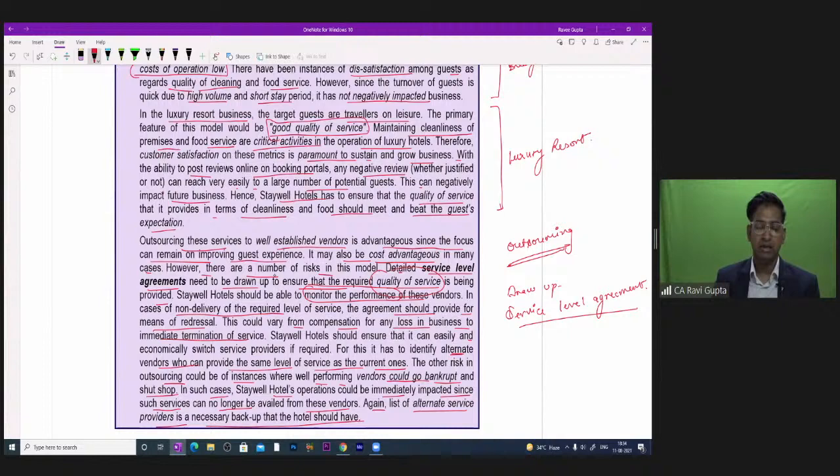If the service provider is unable to provide the services, say he doesn't have funds due to bankruptcy, we should have an alternative. We could replace it very easily and in a timely manner, because we don't want our customers to suffer.